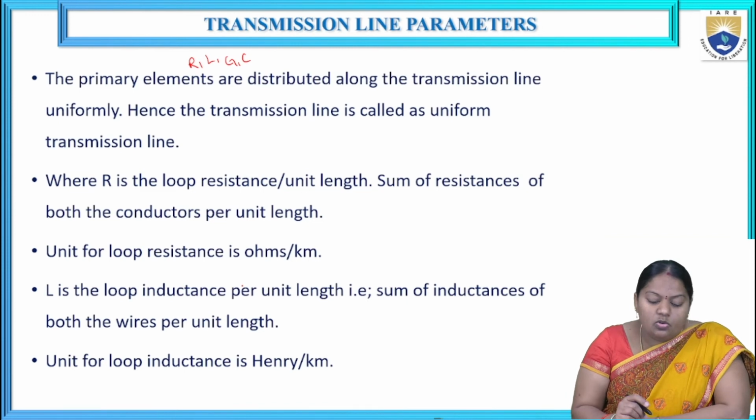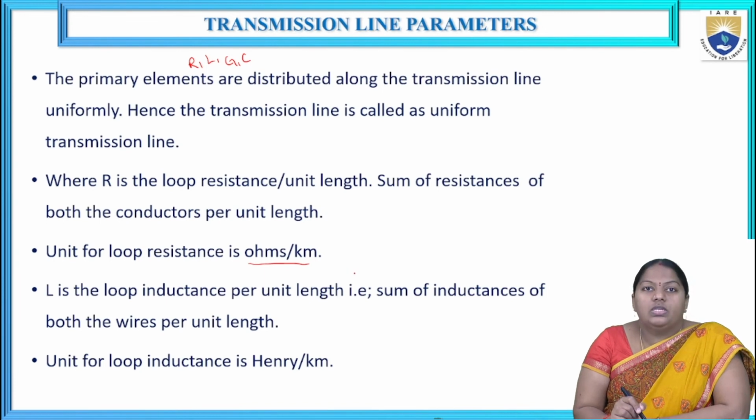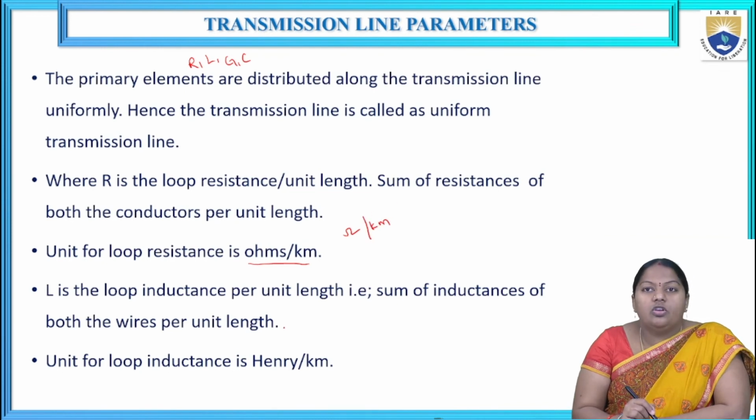Here R is the loop resistance per unit length, that is, the sum of the resistances of both the conductors per unit length. Hence the unit is ohms per kilometer. In general, resistance is measured in ohms, and along the transmission line the length is taken per kilometer.